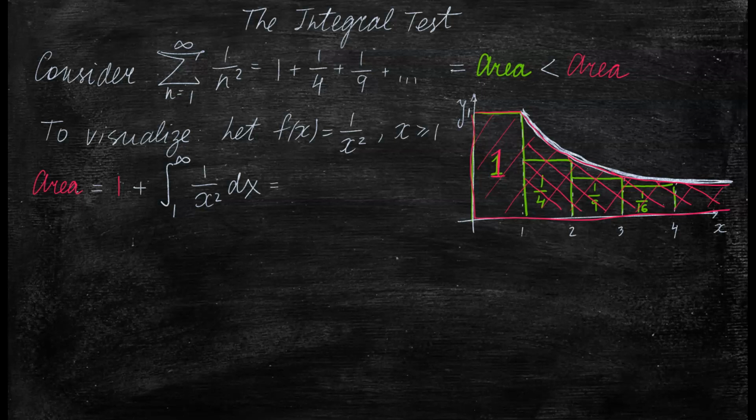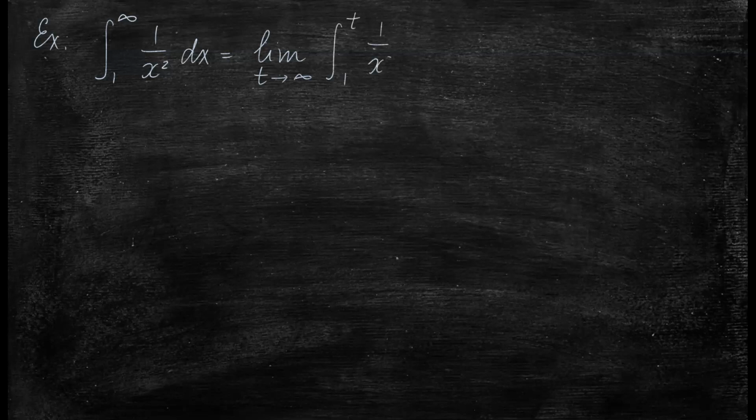This integral is the improper integral that we have studied earlier in calculus. And to find this integral, we set it up as a limit, and let's use letter t as the upper limit. So we have an integral from 1 to t as t goes to infinity, and we find the antiderivative first. So what's the antiderivative of 1 over x squared?